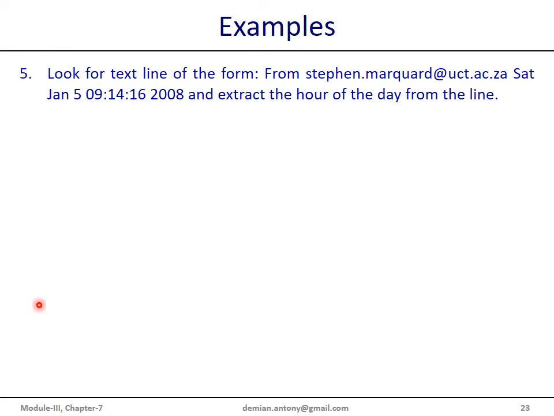Let us write a program to extract the hour of the day from the line of text which starts with the word From, email address, day and date, followed by the hour, minute, second and the year. How do we write the regular expression?